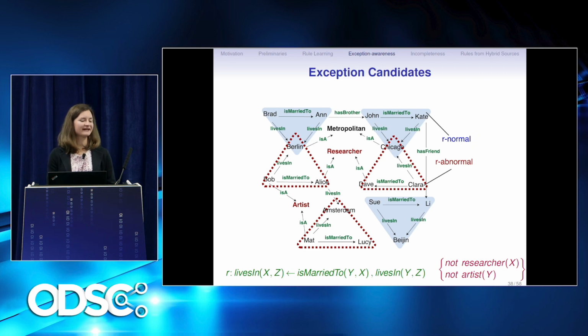So if we have a graph as depicted on the slide that is an extension of the one that we've seen before with married relations and living places, here we could see these blue triangles, which reflect the fact that married people do live together. And the triangles with the red border, they are the cases which we need to explain.